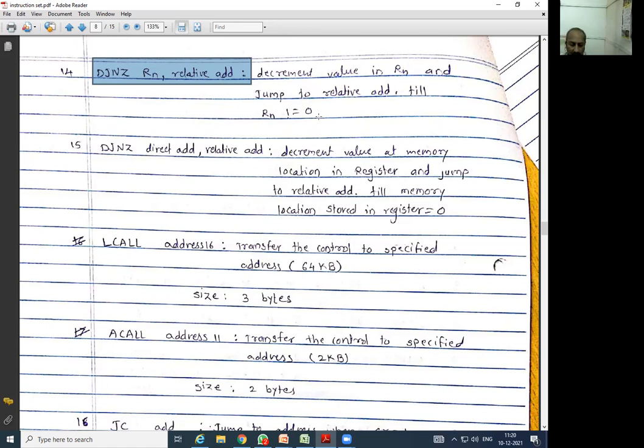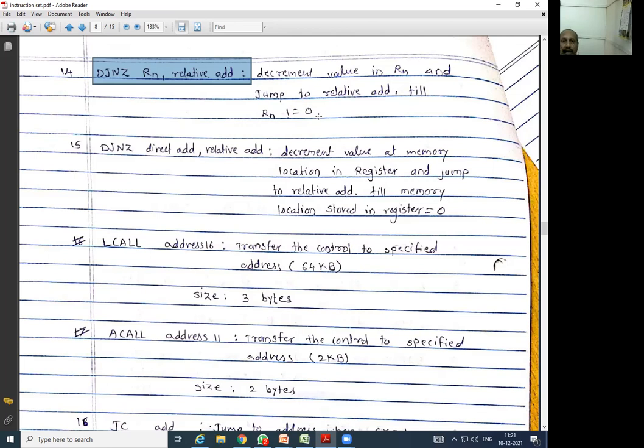You might be familiar with the for loop in C programming. Similarly, it is done over here. Rn is going to work as a counter. That is, if you are supposed to run the loop 10 times, whichever register, R7 or R0, we consider, we are going to insert 10 in that, so that this loop will continue 10 times.